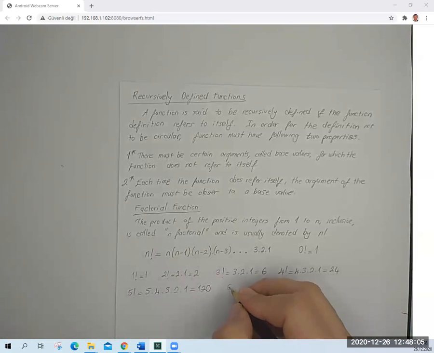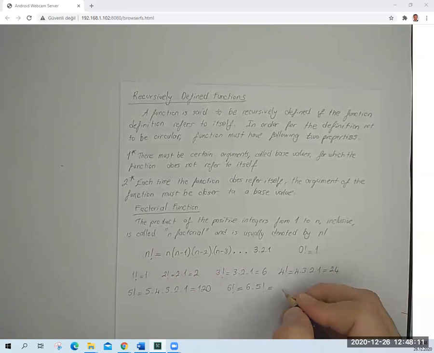And 6 factorial is equal to 6 times 5 factorial, so this is equal to 720. So this is the factorial function. This is also a recursive function. It is referring to itself inside of itself.